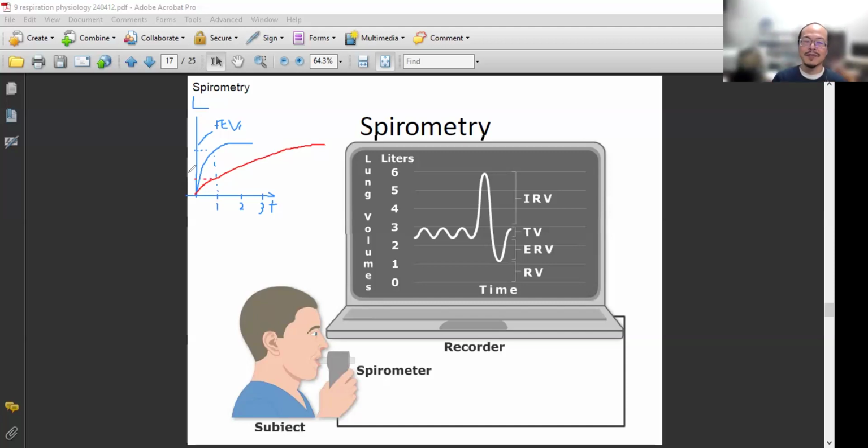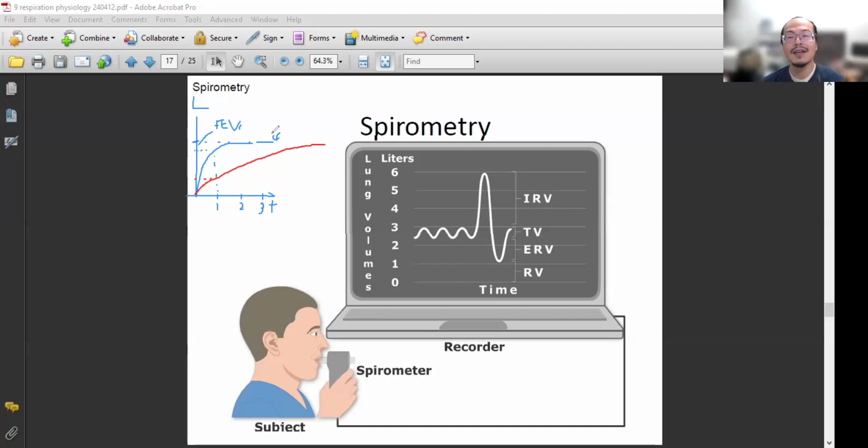So that's one measure. Another measure is the total lung capacity. Say your lung, you expand that much, and you breathe out totally. When you reach the plateau right here, this amount is basically how much you carry in your lung.